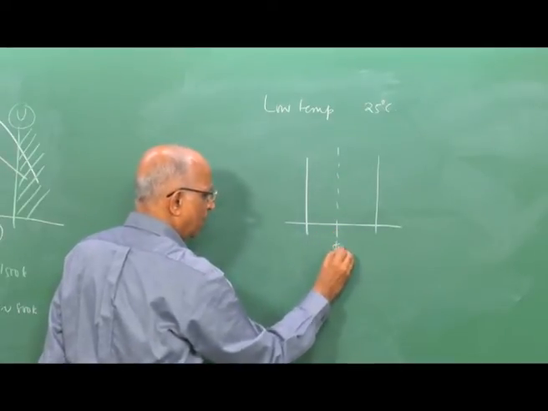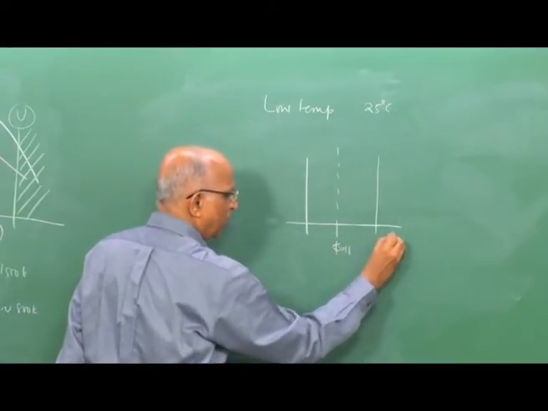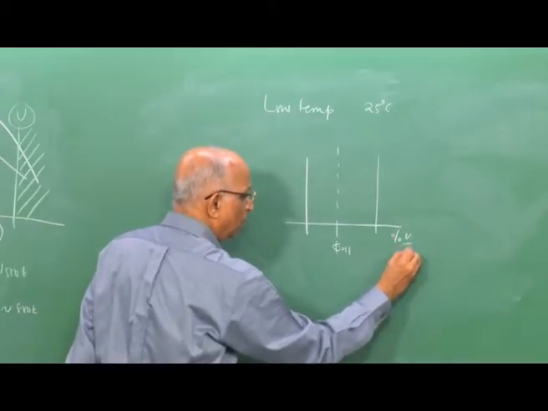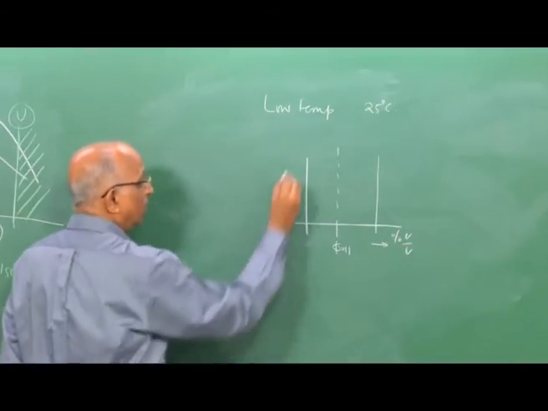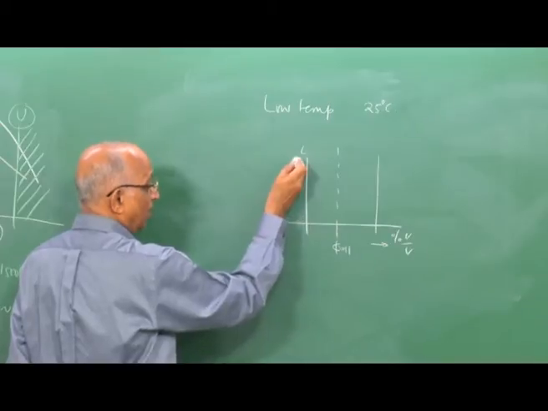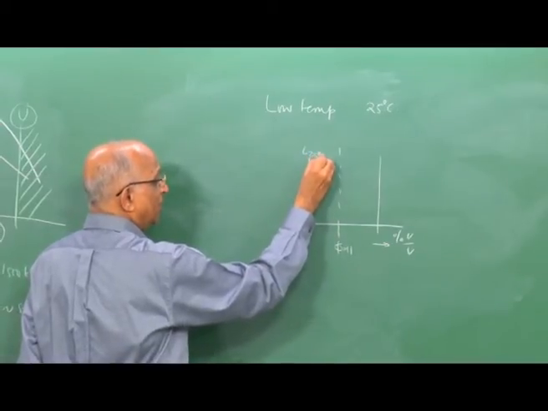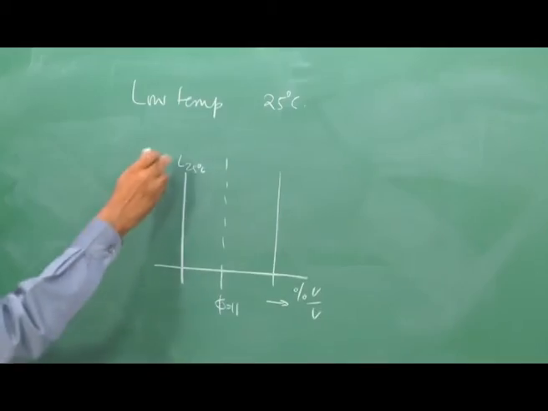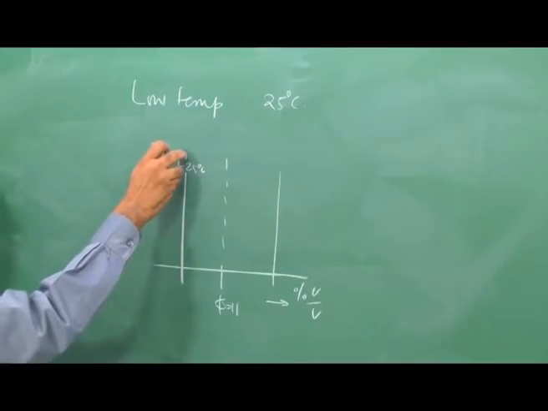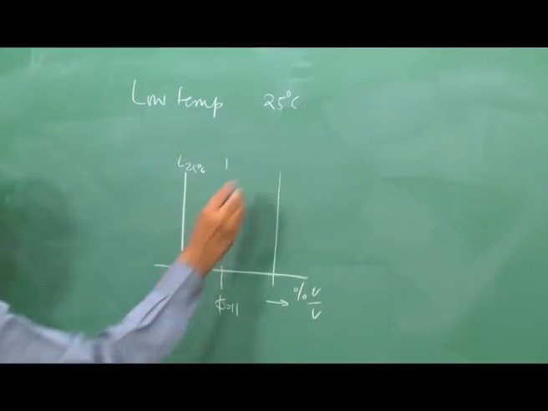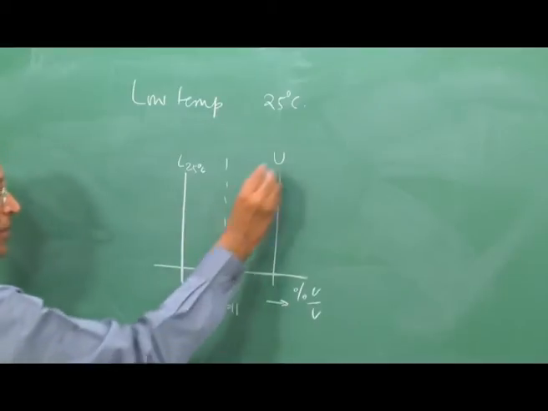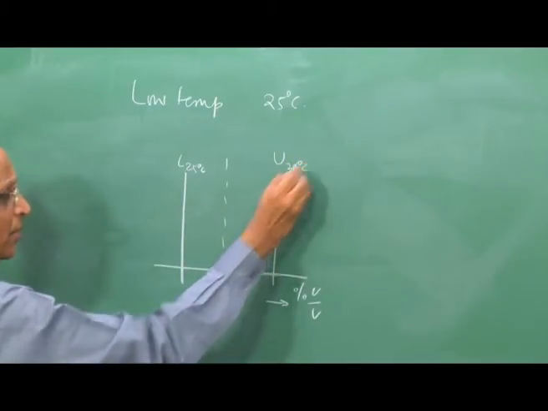Under standard conditions, let us say at 25 degrees centigrade, this is my stoichiometry, phi is equal to 1, this is my percentage volume by volume, this is my scale over here. This is my limit calculated at 25 degrees centigrade, the lean limit, that is L. I have the rich limit U, which is at 25 degrees centigrade over here.